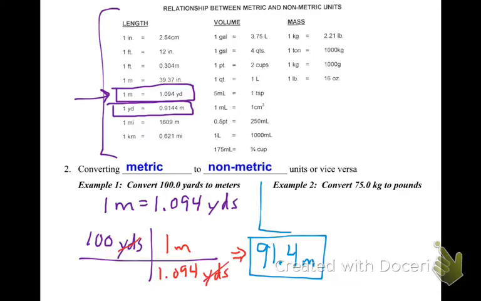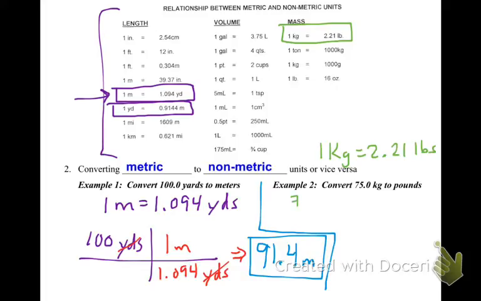Next, if we take a look at the next one, we're converting from kilograms to pounds. So we've got mass over here. Our kilogram is equal to 2.21 pounds. So we've got 1 kilogram equals 2.21 pounds. So let's take a look at this conversion factor.